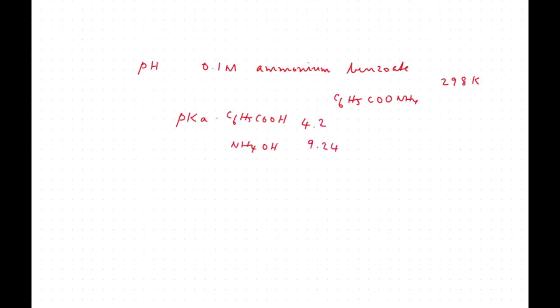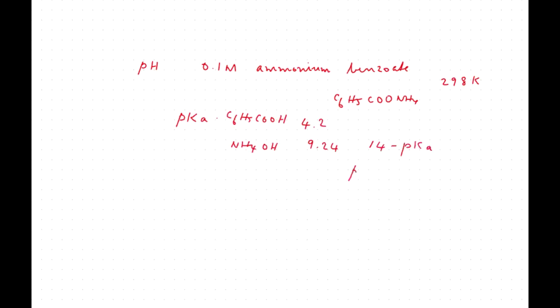Actually, the pKa value is given. I need to know the pKb value. So what is the pKb value? pKb value is 14 minus pKa value. So the pKb value of ammonium hydroxide.